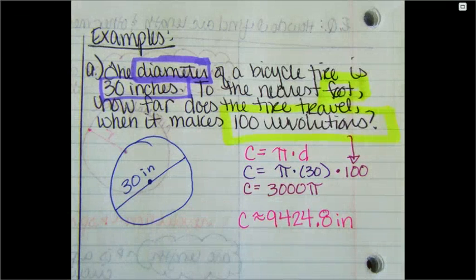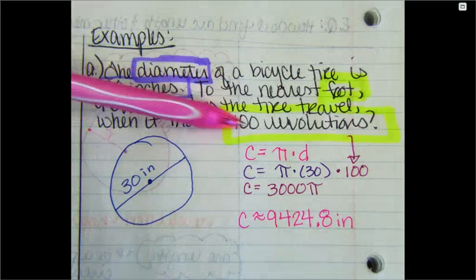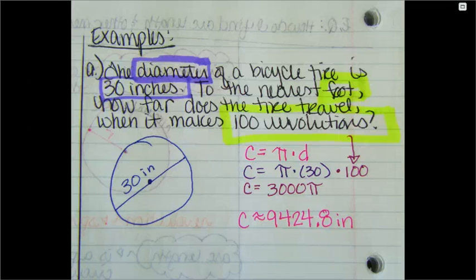Inches. Why are we in inches? Because the diameter was measured in inches. Yeah, the diameter of the tire was in inches, but what is my question asking? It's asking for feet. It says round to the nearest foot. Okay, how do we find feet if we're in inches?